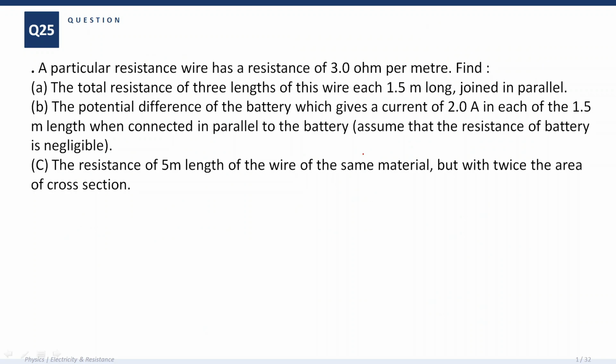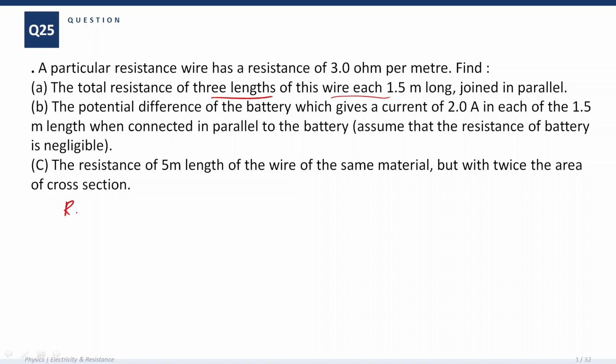The next one. A particular resistance wire has a resistance of 3 ohms per meter. Find the total resistance of 3 lengths of this wire, each 1.5 meter long, joined in parallel. So 3 resistors here, 3 wires, each 1.5 long. First I would like to find the resistance of each one.